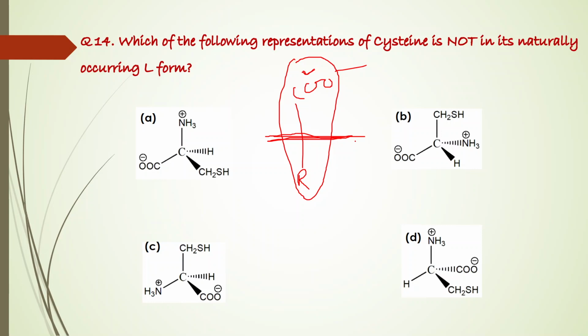If you do not know, then I will insist all of you learn it from any YouTube videos or any book where stereochemistry is mentioned, because you will need this idea.